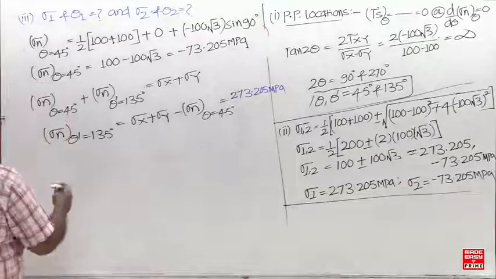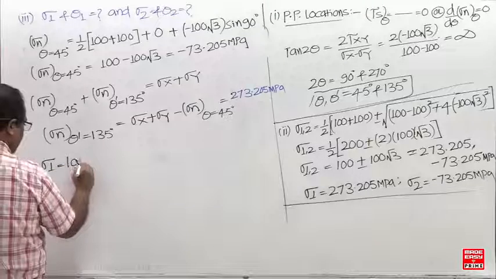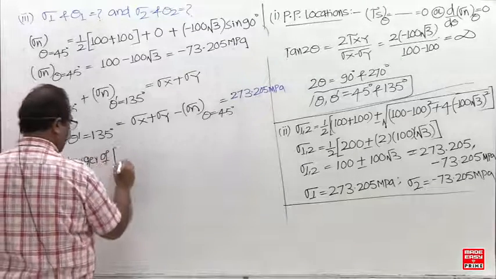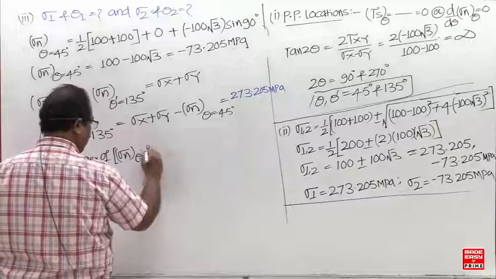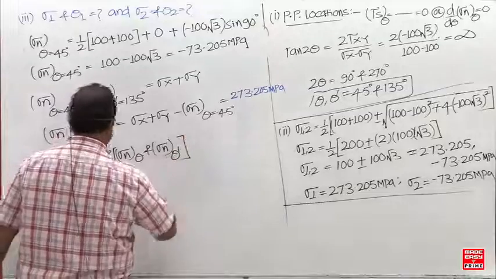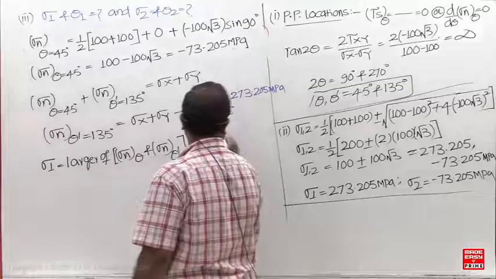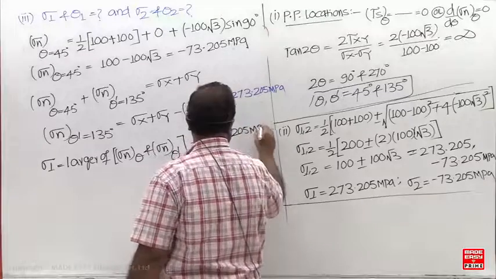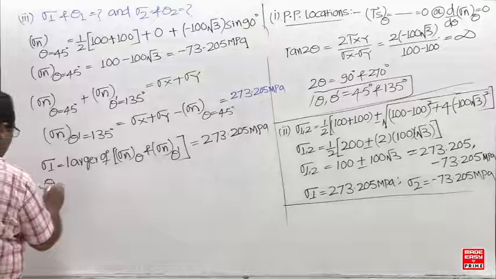Now finally, what is sigma 1? The larger of the two, which is the larger value. Now what is theta 1, the plane location?